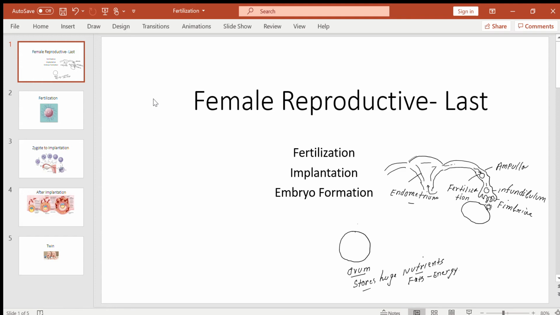Okay, so now this is the egg, and egg is a single cell. So this is the plasma membrane of the egg or cell membrane.